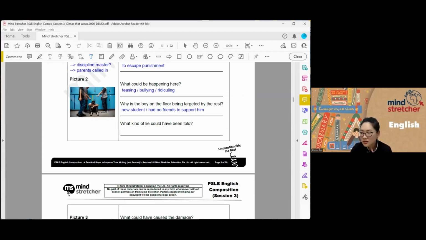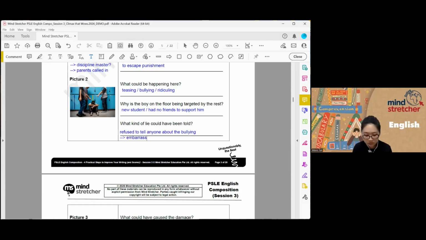What kind of lie could be told? Someone wrote, refused to tell anyone about the bullying. So maybe he was crying at home, in school, and when someone asked, he just said, "Oh, it's nothing much," and it got worse. Perhaps he might have been embarrassed. Yes.